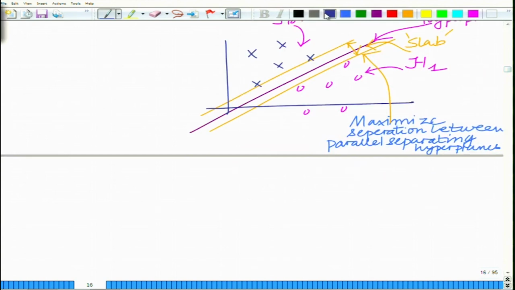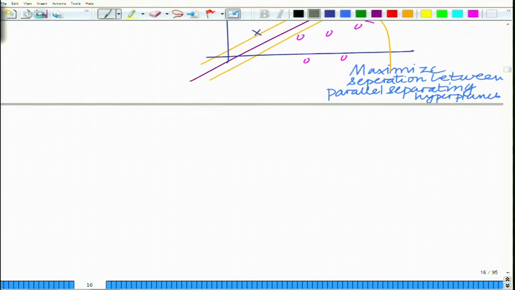What we have said is the following thing. We have said the optimization problem for this can be formulated as follows. I want to minimize, remember we said the distance of separation is 2 over norm A bar.